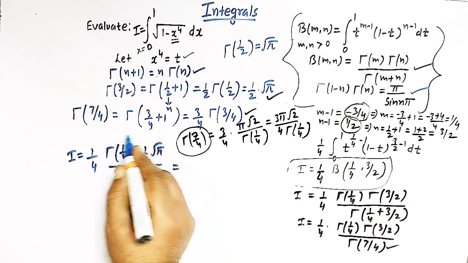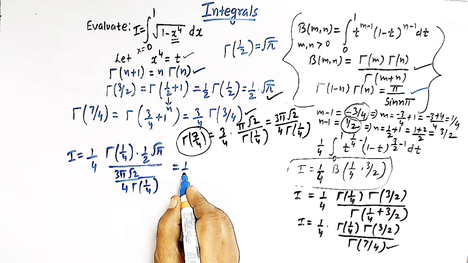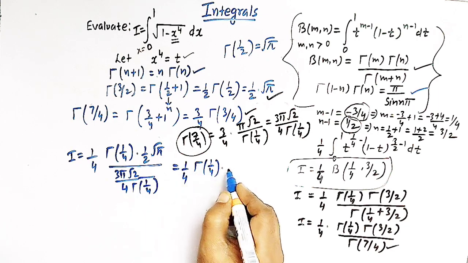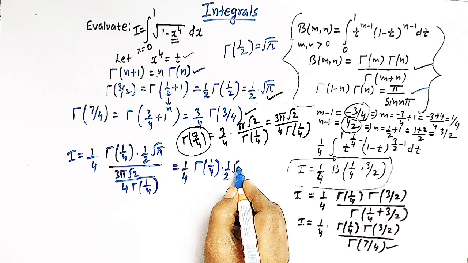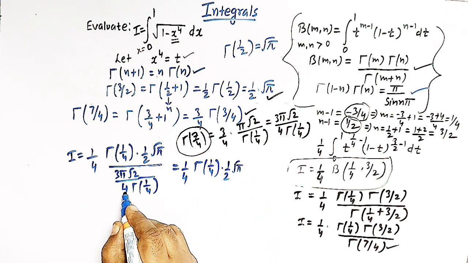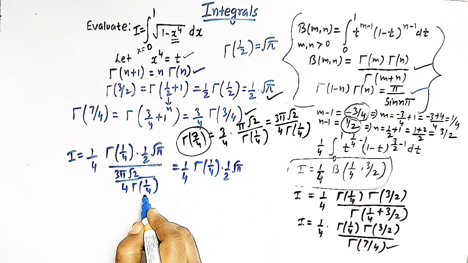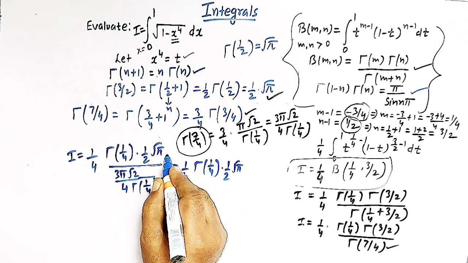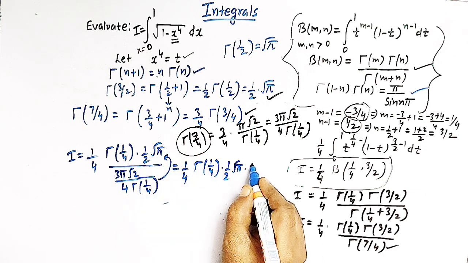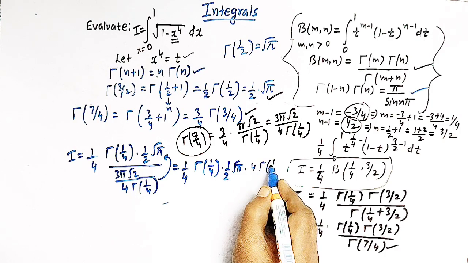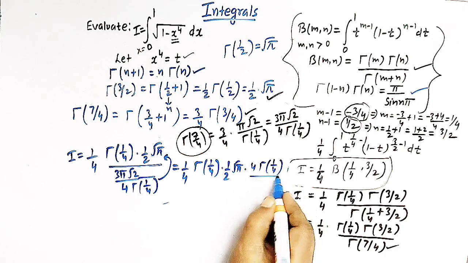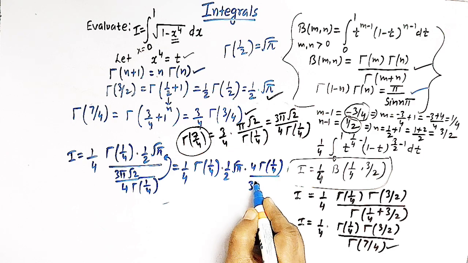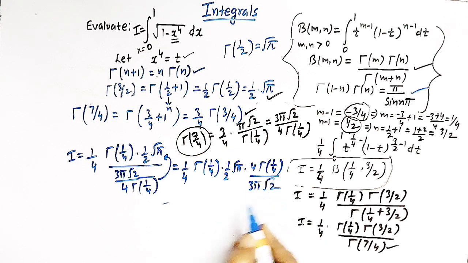So let us rearrange the terms. So we have 1 over 4, then we have gamma 1 over 4, then we have half root pi, and taking 4 times gamma 1 over 4 to the numerator, that is we can now write 4 times gamma 1 over 4, and here we have in the denominator 3 pi root 2.